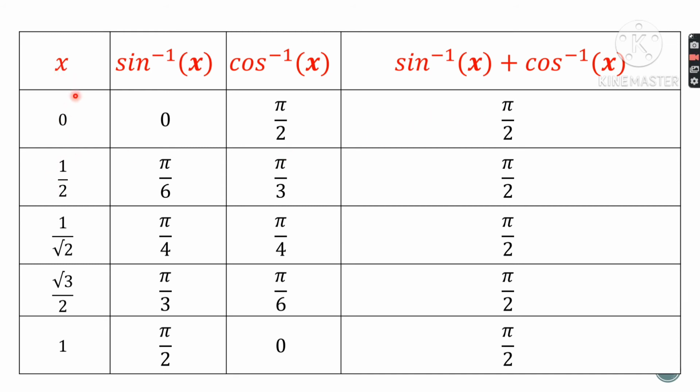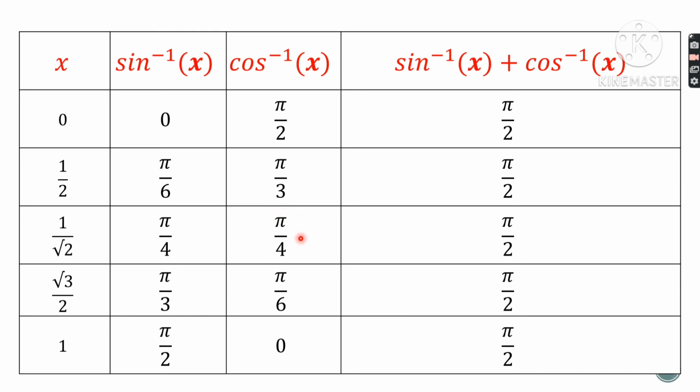Next, for the next value of x, suppose x is equal to half, then sin inverse of half is pi by 6, cos inverse of half is pi by 3. So again pi by 6 plus pi by 3 is pi by 2. When x is 1 by root 2, sin inverse of 1 by root 2 is pi by 4.